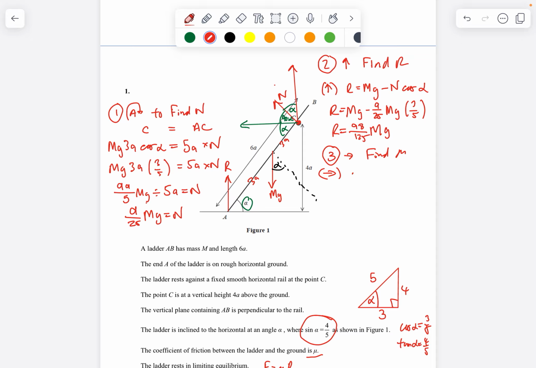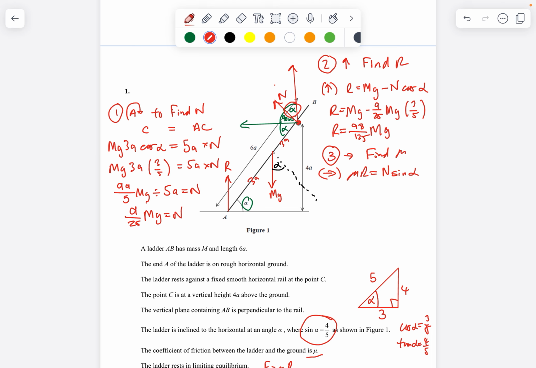So that means that my mu R is equal to N sine alpha. Because I know this alpha here, I'm going to use sine rather than cosine because I'm resolving in the horizontal.